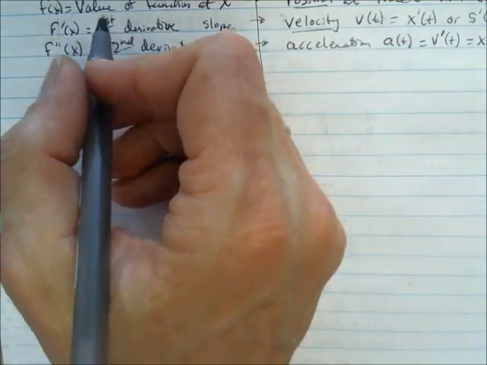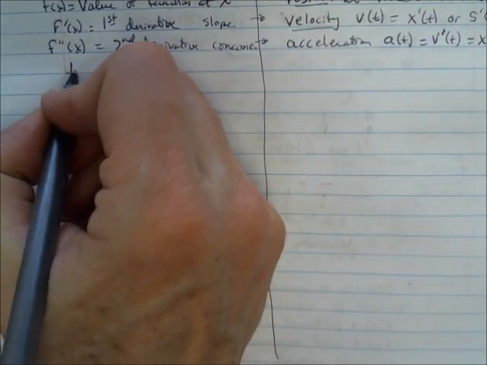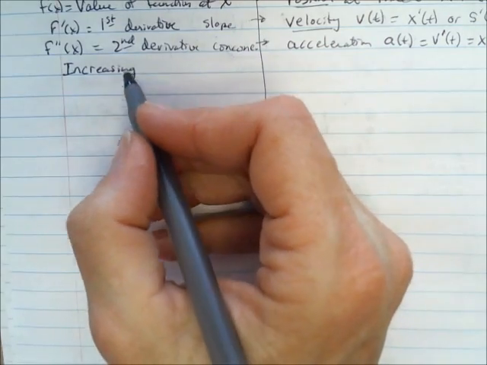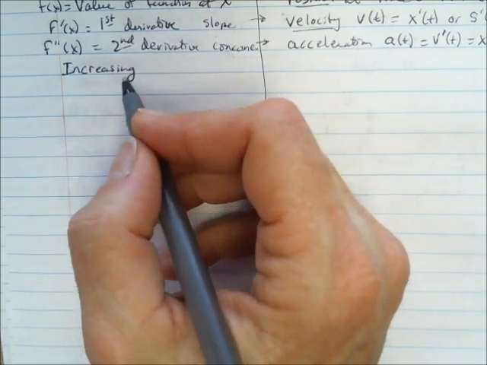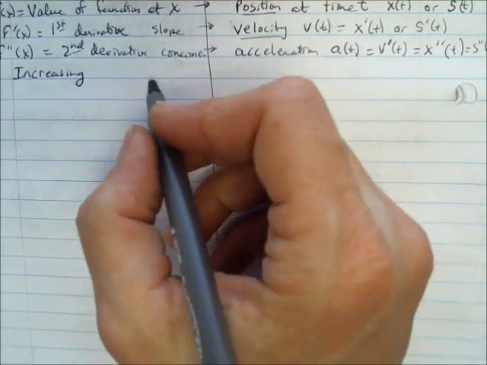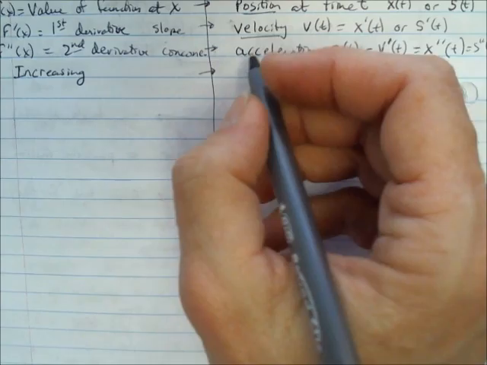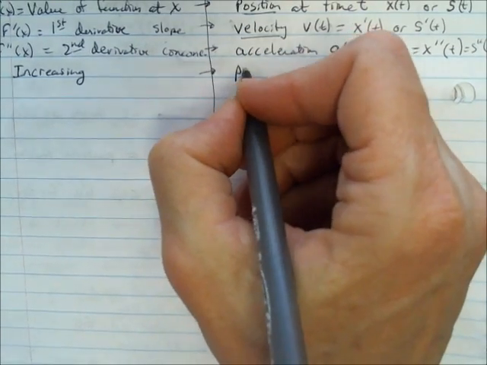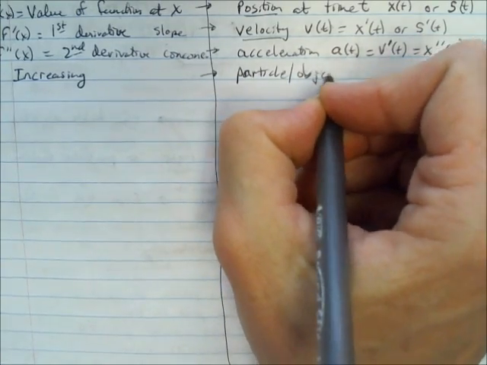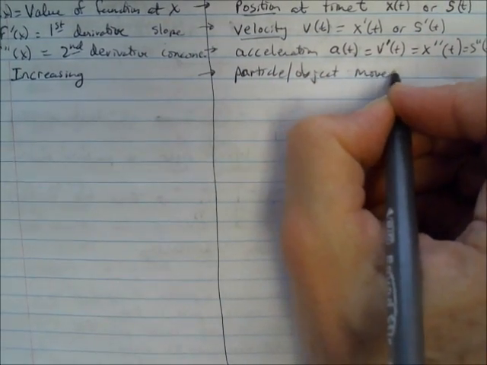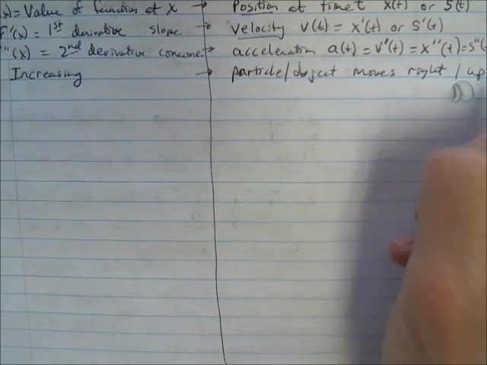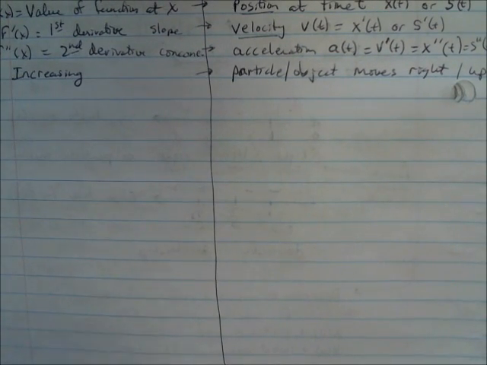When you're talking about functions, sometimes we're talking about functions that increase. An increasing function just means the graph is going up, or the y values are increasing. But for linear motion, an increasing function means that the particle, or an object, moves to the right or up, if we're talking about vertical motion.